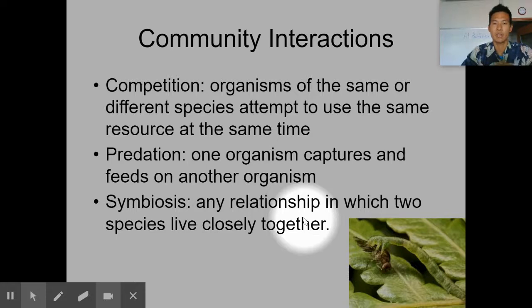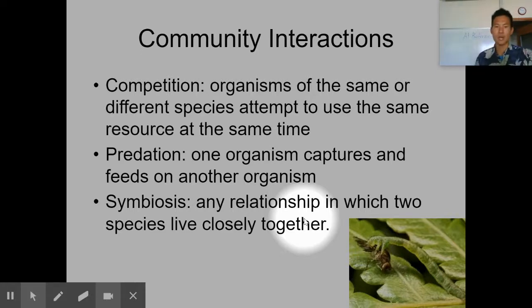Humans are one of the only species that are so successful that all of our resources are easily gotten. Predation. One captures and feeds on the other. It's a very quick interaction. You have to capture and you have to feed on the other.